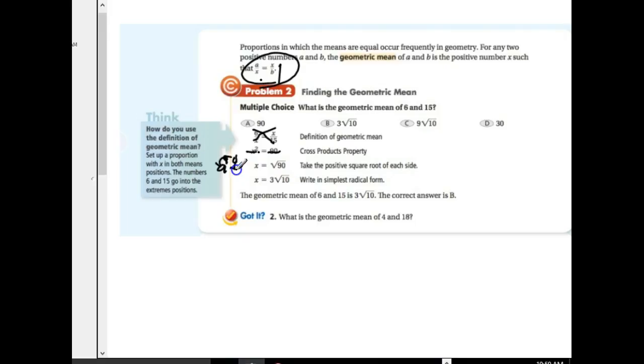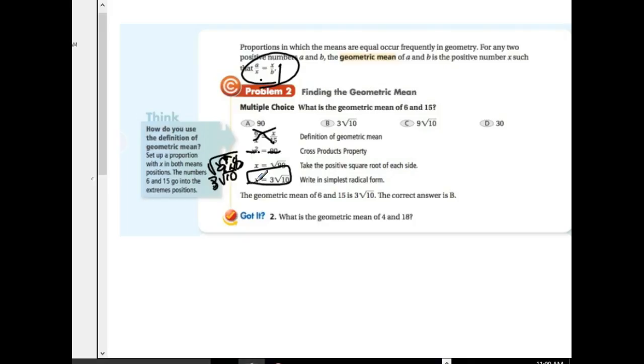Well, the square root of 9, because remember both of these are under a big square root, comes out as a 3. And the 10, which is not a perfect square, has to remain under. That's where they get this answer here, that x is 3 square roots of 10. That is called the geometric mean between those two numbers.